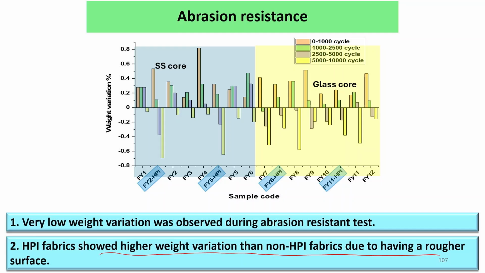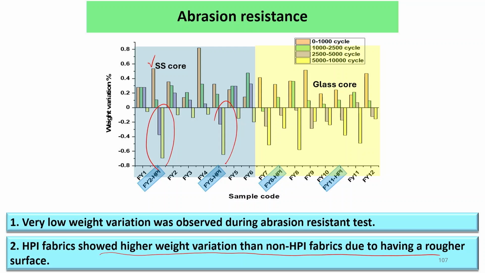So, if you see here, the HPI treated fabrics, they are showing higher weight variation when we are testing at different cycles. So, 0 to 1000 cycle, this is 0 to 1000 cycle.